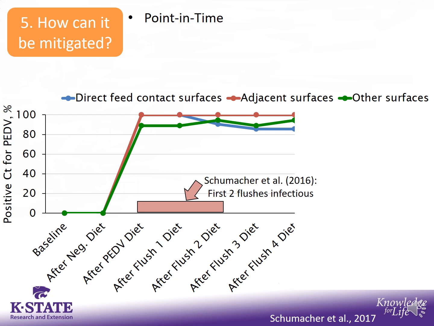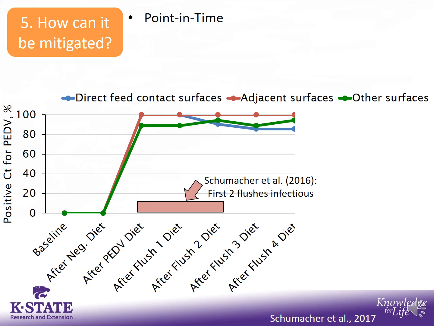The pigs fed the baseline and negative diet did not have infectivity. However, those fed the diet that was manufactured after including PEDV, of course, had virus and went bioassay positive. Likewise, the first 2 flushes of feed after the PEDV positive diet was manufactured were also infectious.